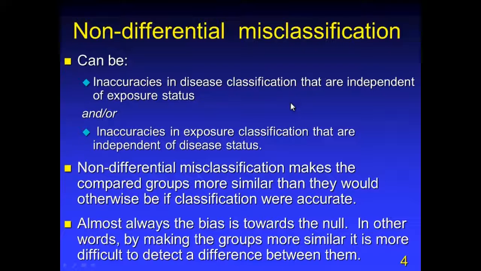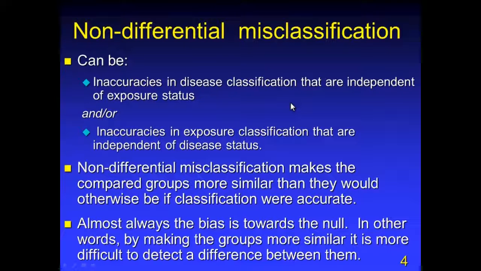Or alternatively, it can be the other way around. It can be exposure being misclassified in, say, the case group and the control group, but not differently. In other words, it's independent of whether people have the disease or not. Exposure is misclassified in both groups.